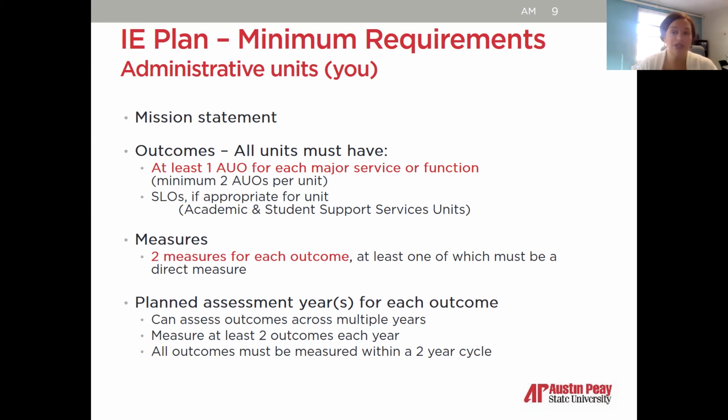We do ask for these types of units, for admin units and academic and student support services, that you try to measure all your outcomes within 2 years. So maybe in 1 year, you're assessing outcomes 1 and 2, and in the second year, you assess outcomes 3 to 5. And then you sort of repeat that every 2 years. But you get to determine how that works within that 2-year cycle.